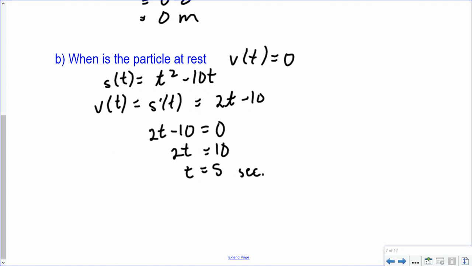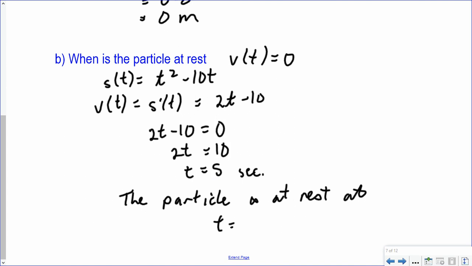So the particle is at rest at t equals 5 seconds. And that answer does fit my domain. Remember, my original domain was between 0 and 12 seconds, so that answer is good, falls in my domain. So the particle stops at 5 seconds.